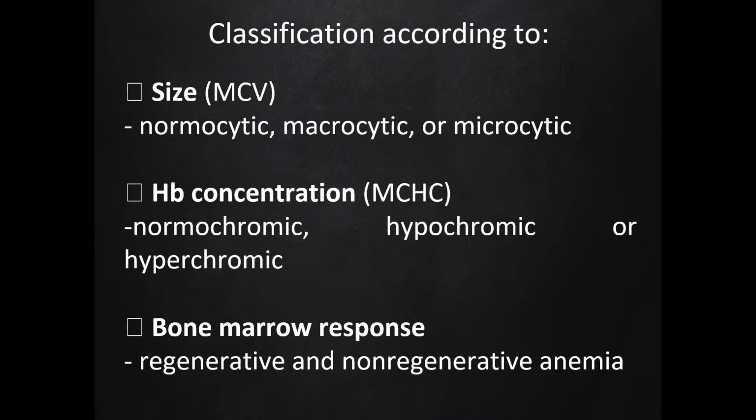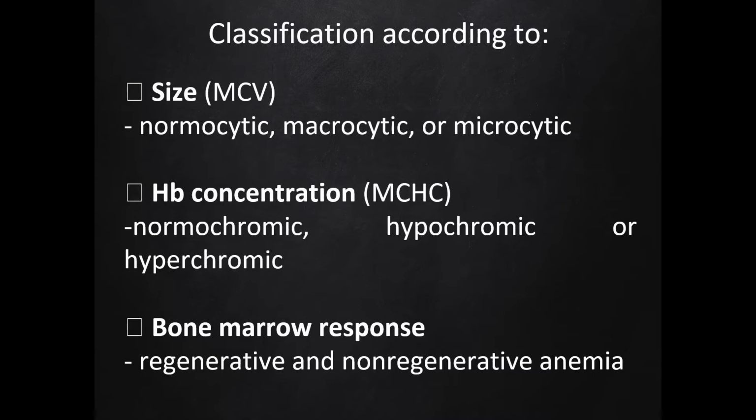Or if there is hypochromic, as I showed last week, there is an increased white central pallor, and also a hyperchromic state. When there is hypochromic, you can see a lower MCHC value, and in hyperchromic, you can have a higher MCHC value.